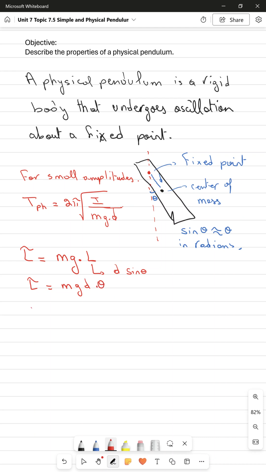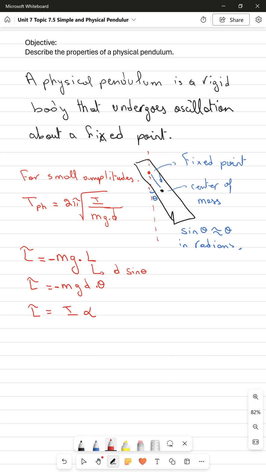Now we also know that the torque is equal to I times alpha. And similar to oscillations and simple harmonic motion, we know that the force is going to be in the opposite direction, so we need to put the minus sign.